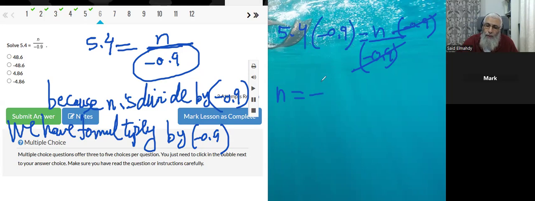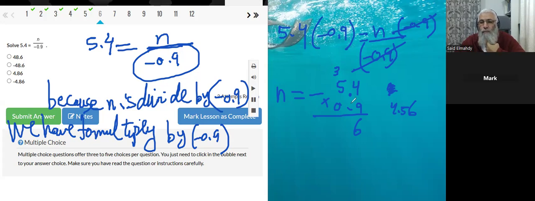And multiply 5.4 by 0.9. 4 multiplied by 9 is 36. 9 times 5 is 45, plus 3 is 48.